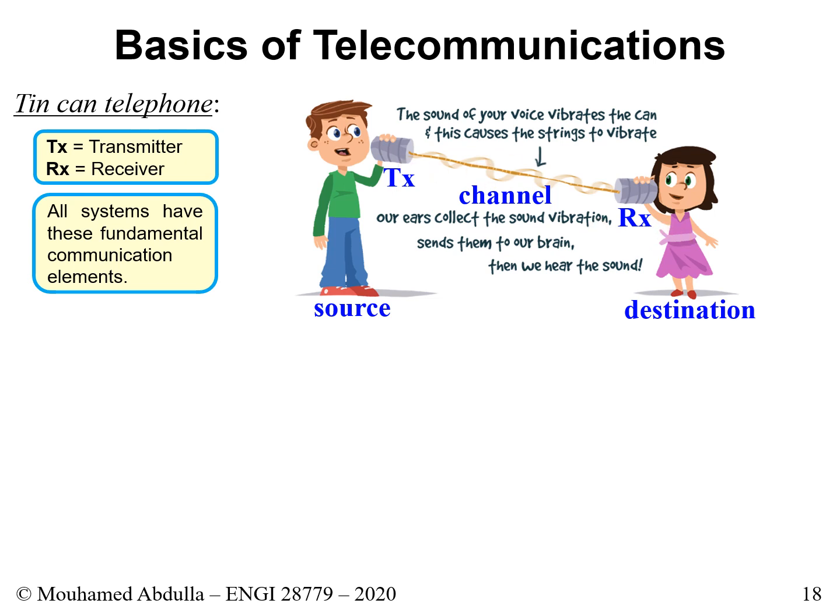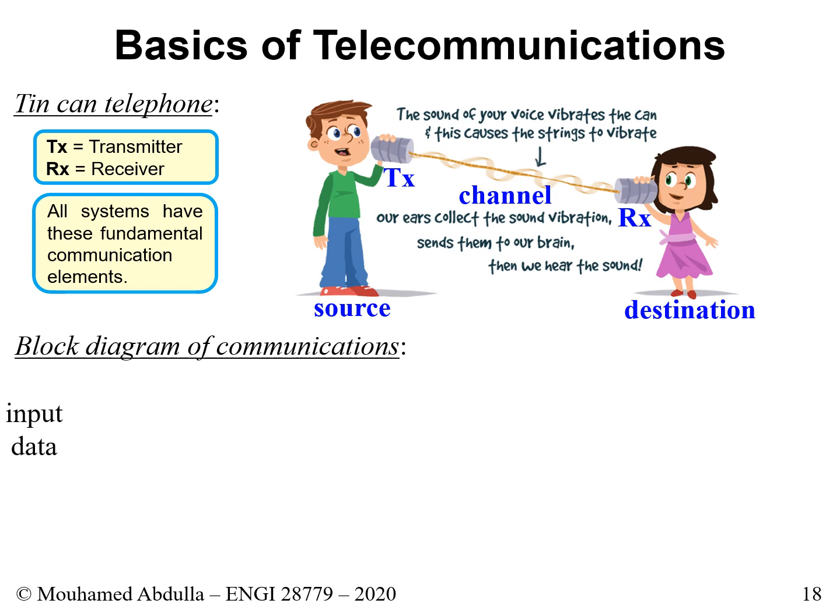Okay. So now let's look at it in a more technical way, with a block diagram, in a convention that is typically used by telecom engineers. So the block diagram of communications, or if we want to be more precise, telecommunications, is as follows. You have some input data, right?